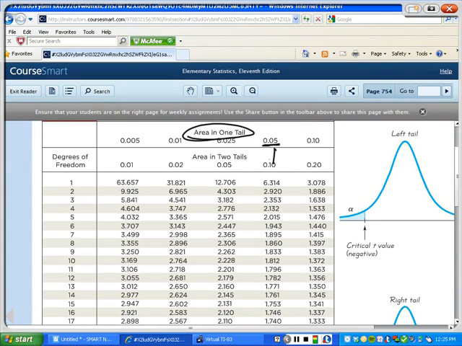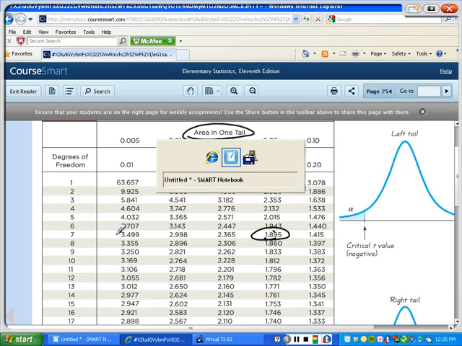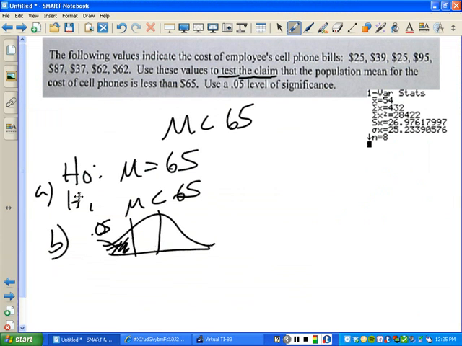So that's the column we're going to be in. And people say, what about 2 tails? Well, we don't have 2 tails, so we aren't worried about that. One tail, 0.05 coming down. Degrees of freedom is 7. So we're at 1.895. As I type that in, I'm going to type it as negative 1.895, right? Negative 1.895.